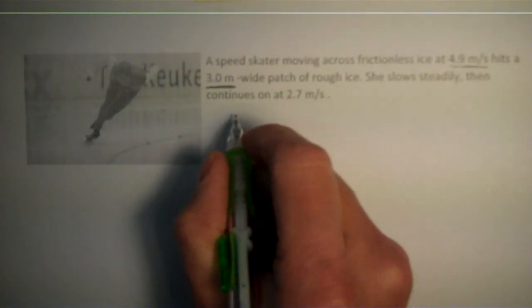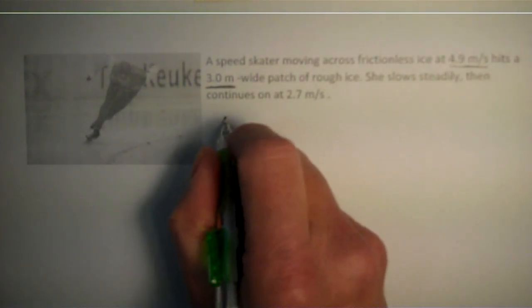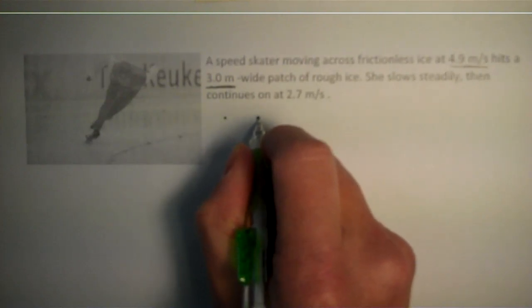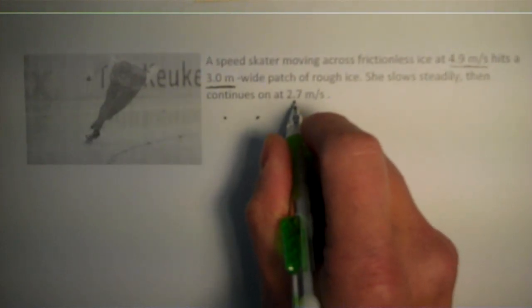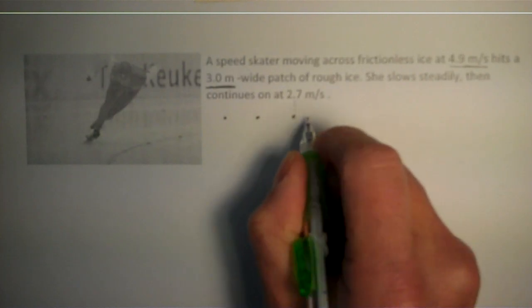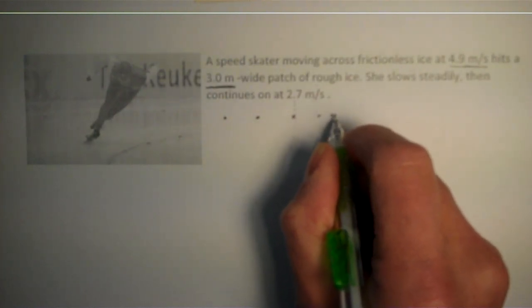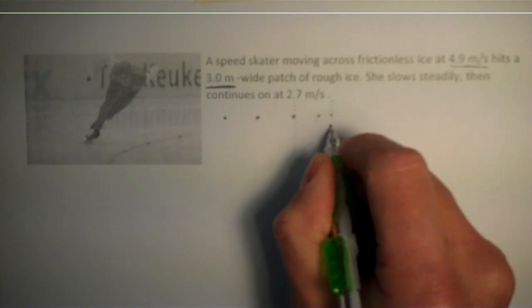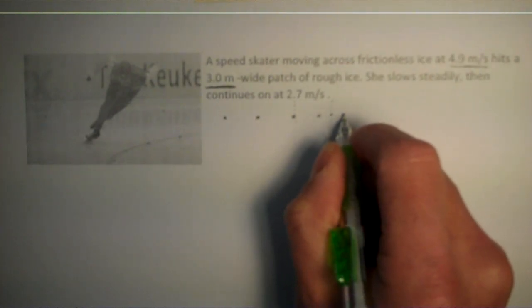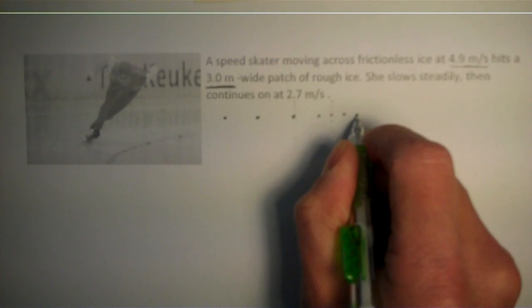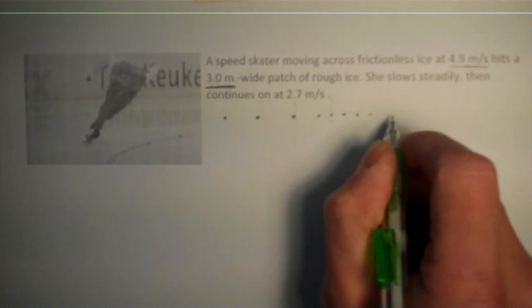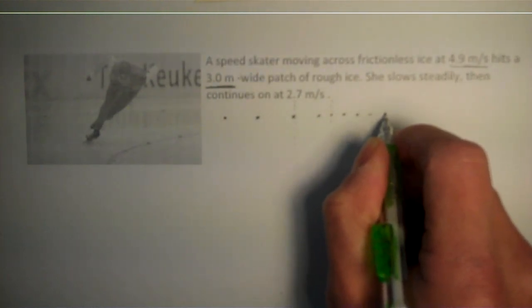If I draw this out as a motion diagram, she's moving pretty steady. Then at this point she begins to decelerate, and from that point on she moves at a constant velocity again.